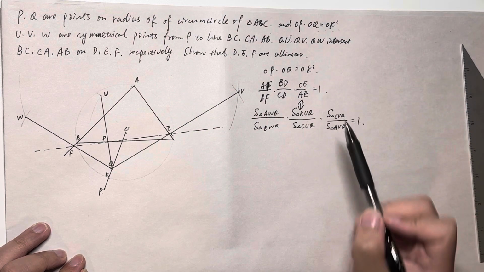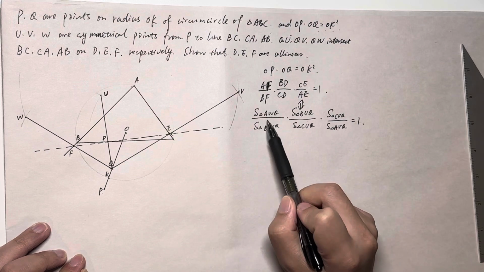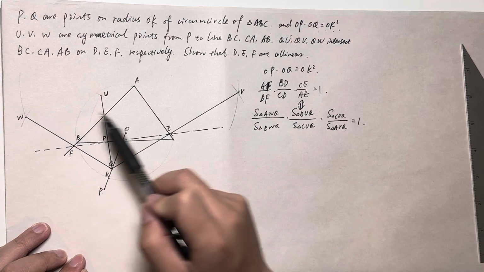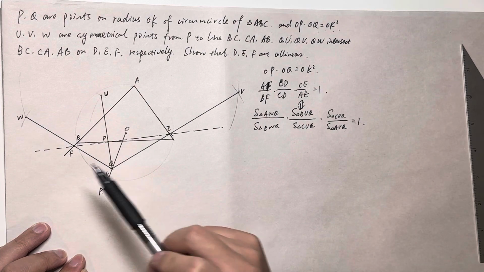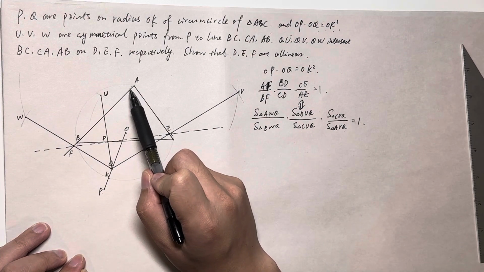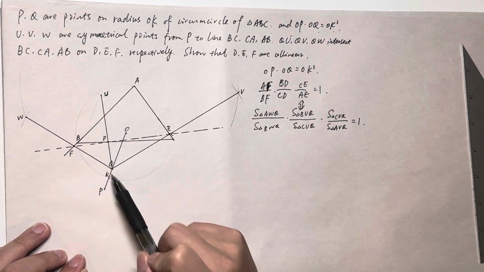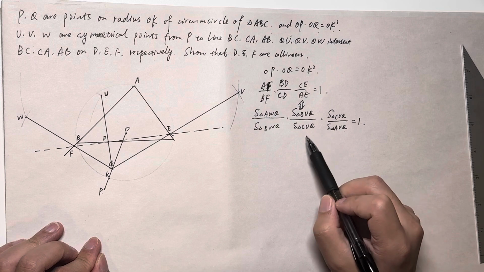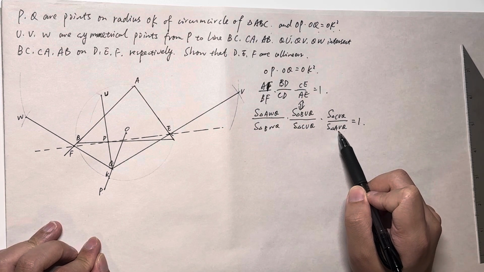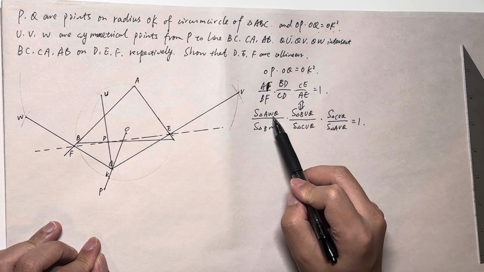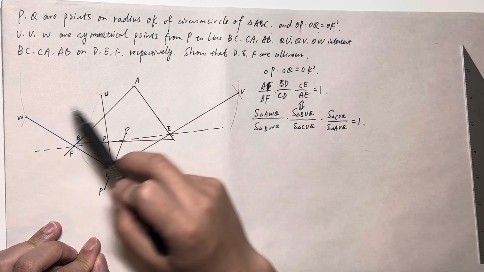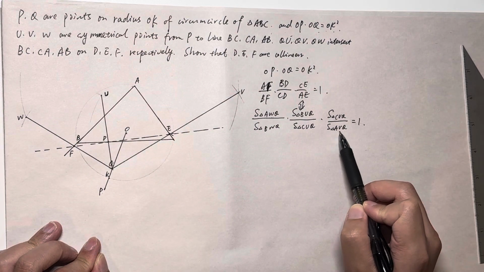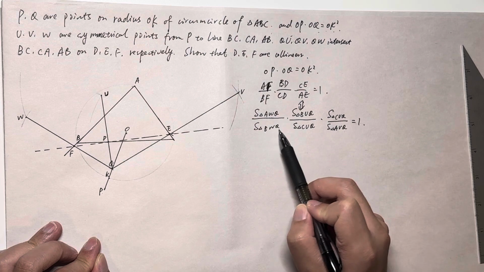If we use AW and WQ, we need to figure out how to deal with the angle AWQ. And if we use AW and AQ, we can also cancel AQ here, and WQ can be cancelled here.